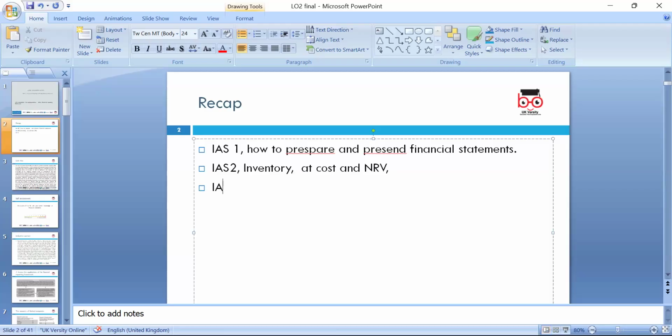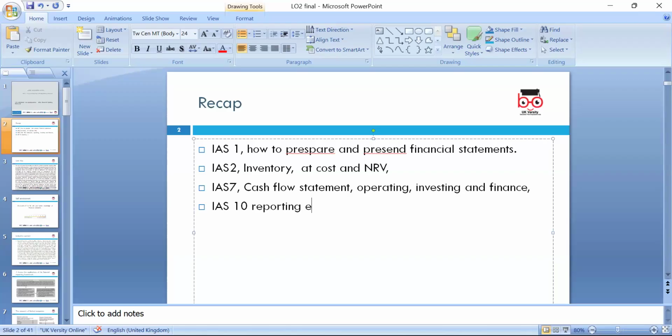We discussed IAS 7, International Accounting Standard 7, which is about the cash flow statement: operating, investing, and financing. We discussed IAS 10 about reporting events, the adjustment within the financial statement.